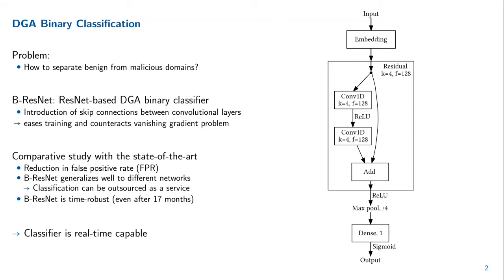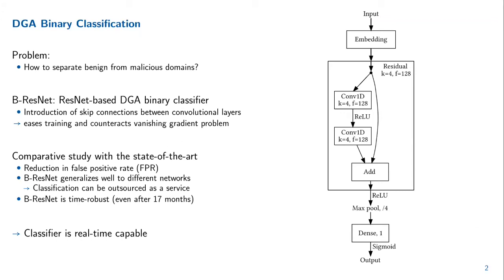And the other property we investigated was the time robustness of the classifier. Here we took the real-world traffic from one point in time and then evaluated the classifier after 17 months. And here we have shown that the classifier is also time robust. The false positive rate, of course, increases slightly, but still in a manageable way. And of course, if you want to have the lowest false positive rate, you should do frequent retraining.